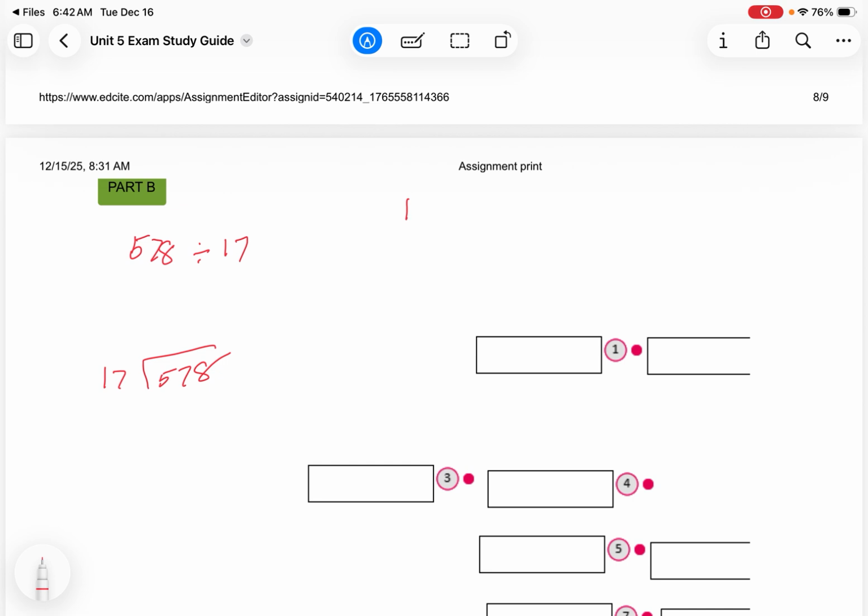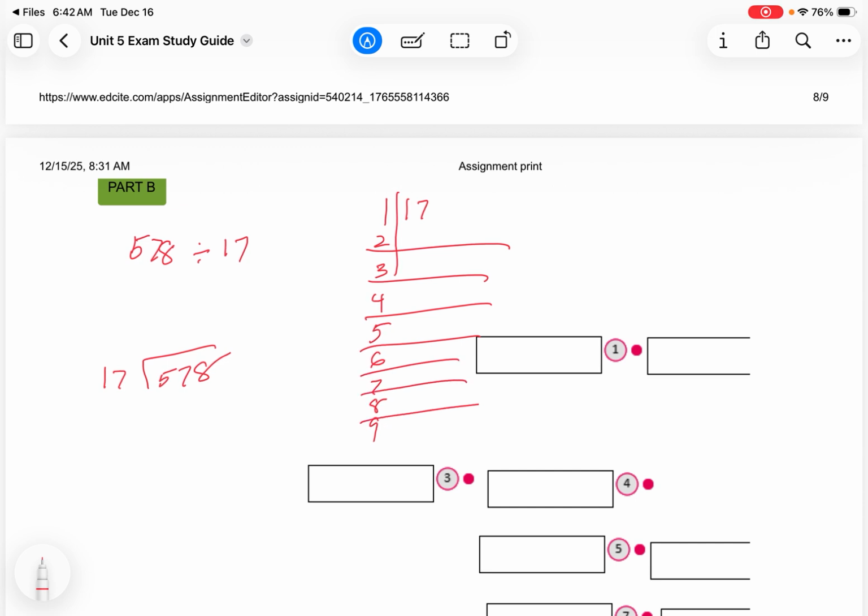So again, we come off to the side and we do 1 times 17 is 17. 2, 3, 4, 5, 6, 7, 8, 9. And we only have to go as far as we need. Well, 2 17s is 34, 3 17s is 51.